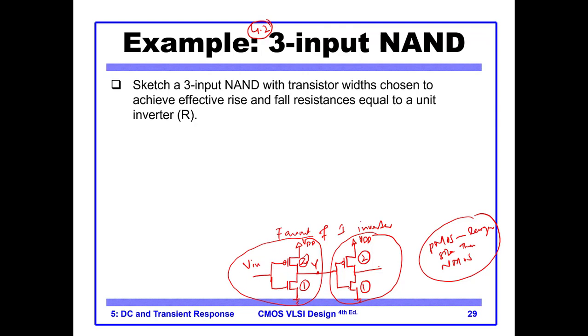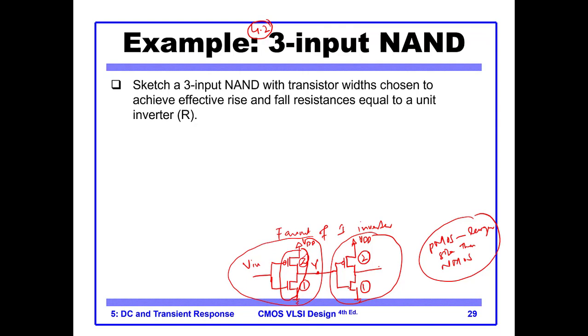So if you want to make the current in the series combination the same, you have to increase the current capacity of PMOS, and increasing means you have to use a larger W for the polysilicon.